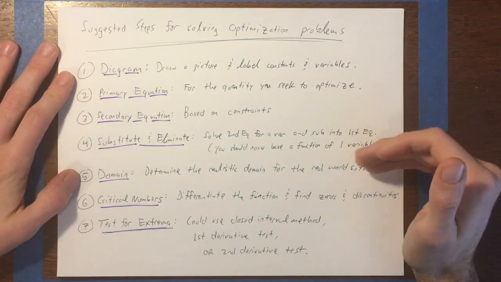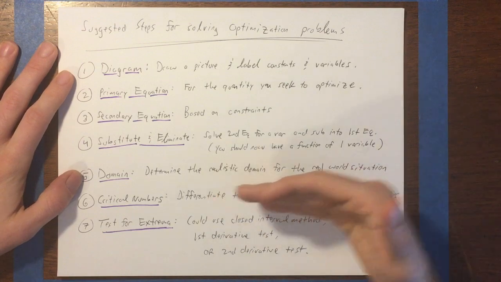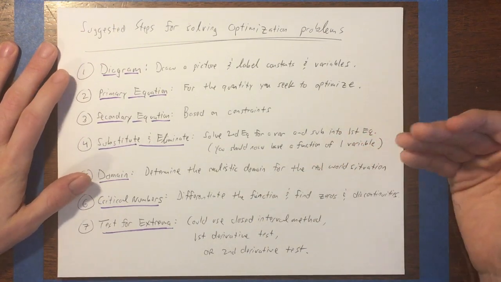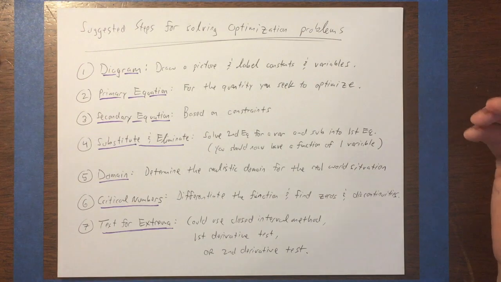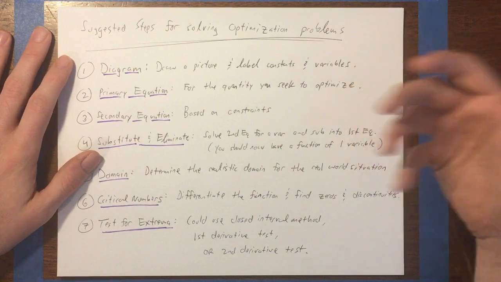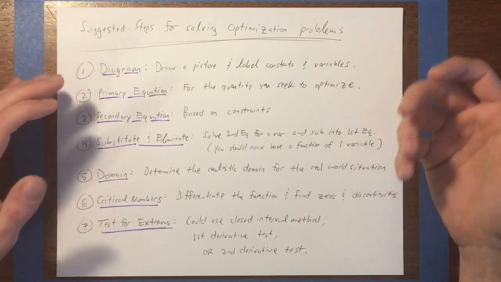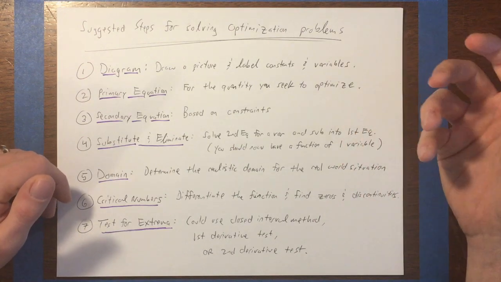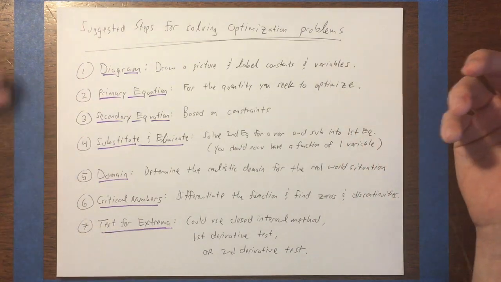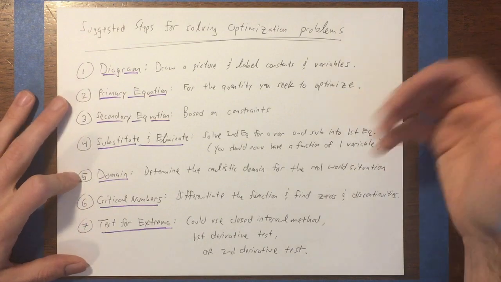Now it's possible sometimes that your domain could be like 0 to infinity. If there's no particular largest value you could have, like hypothetically that length or whatever could be as big as you want. So you might have that be infinity, which doesn't sound realistic, but at least in theory, you could have a length be as large as you want, right? Potentially, in some scenarios. So yeah, I just wanted to mention that.